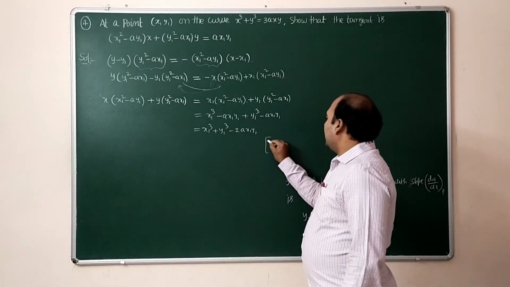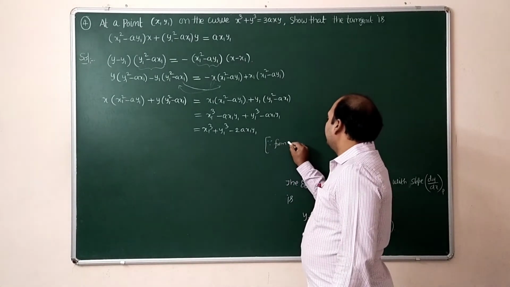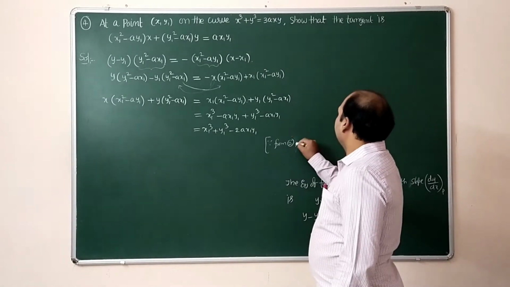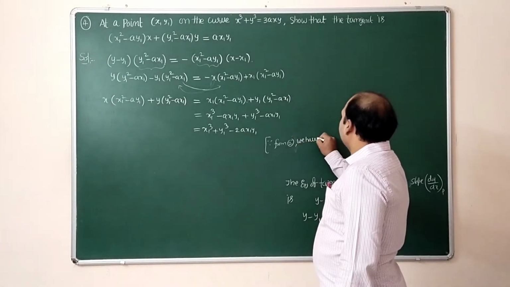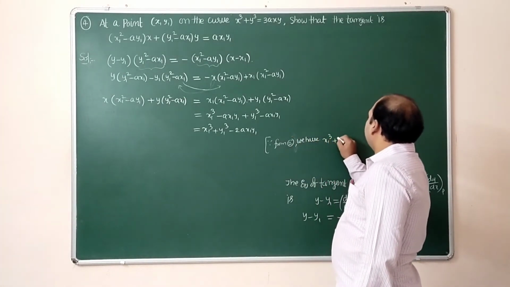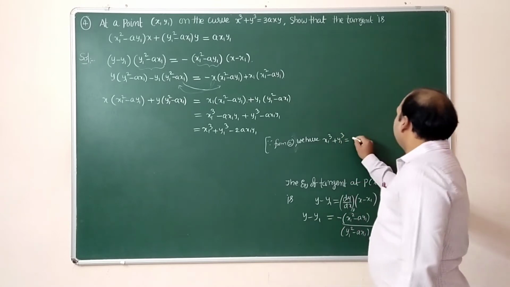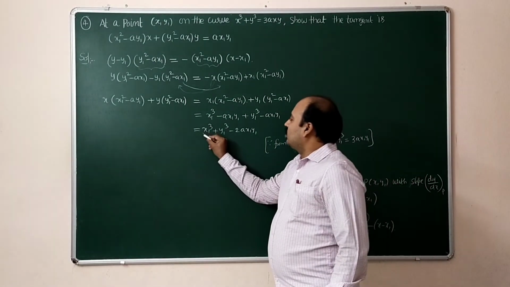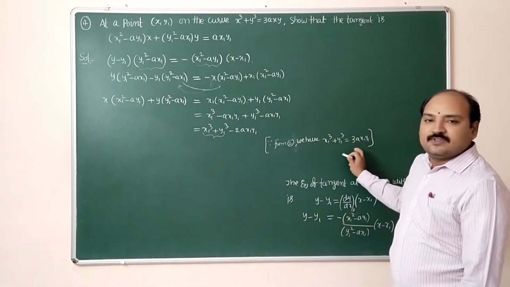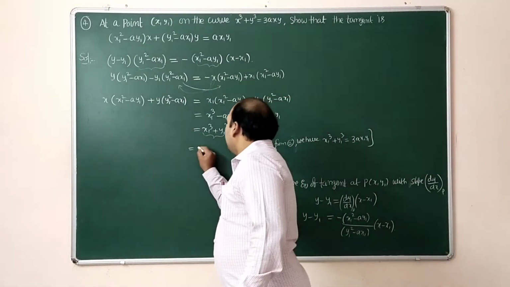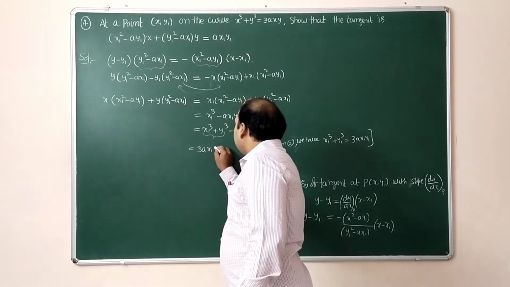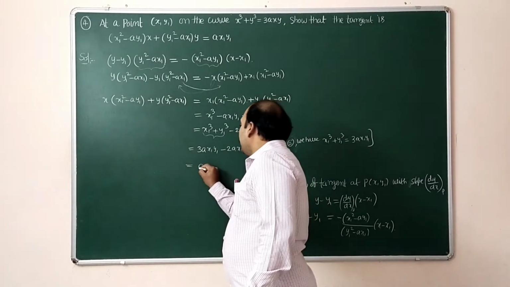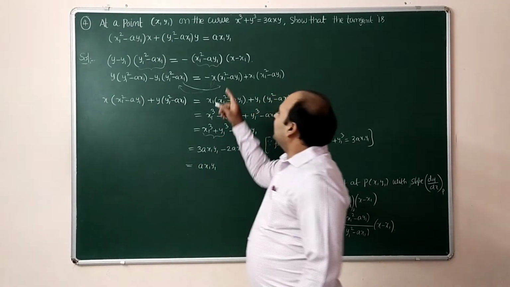Since from equation 2, we have x1 cube plus y1 cube equal to 3ax1 y1. So in place of x1 cube plus y1 cube, you have to replace with this value. So that is equal to 3ax1 y1 minus 2ax1 y1, which is equal to ax1 y1. That only they are asking to prove.